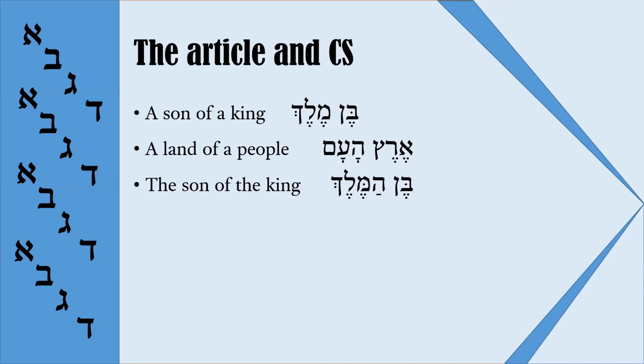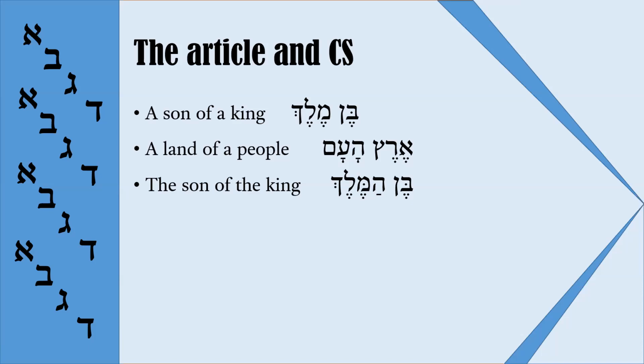In English, we put good inside this construction, but in Hebrew, it is impossible. If we say bat melech, nothing can separate these two words because they are connected together very closely. The only particle that can come between them is the article.